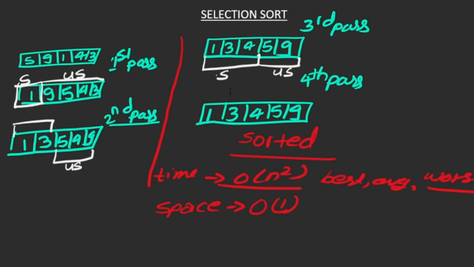So insertion sort is best for small and nearly sorted arrays, while selection sort is best when swaps are expensive. And bubble sort is just for educational purposes, just to practice.